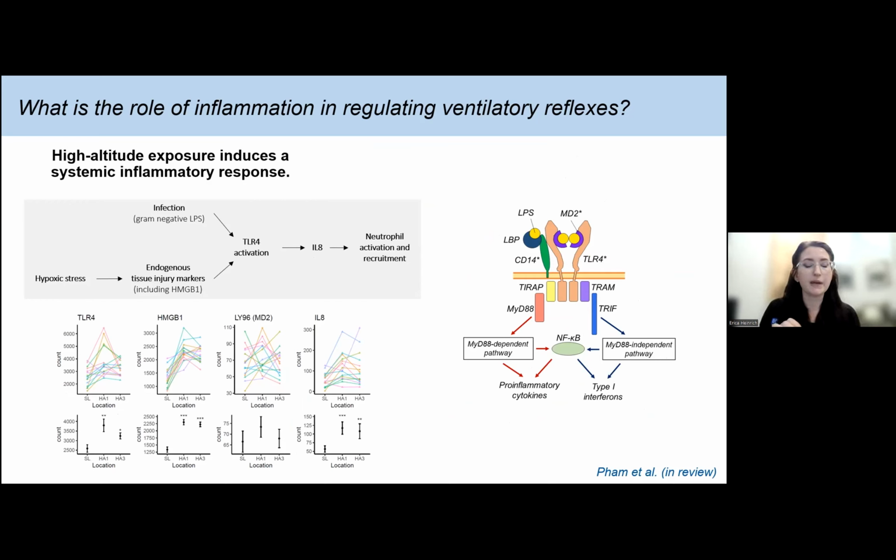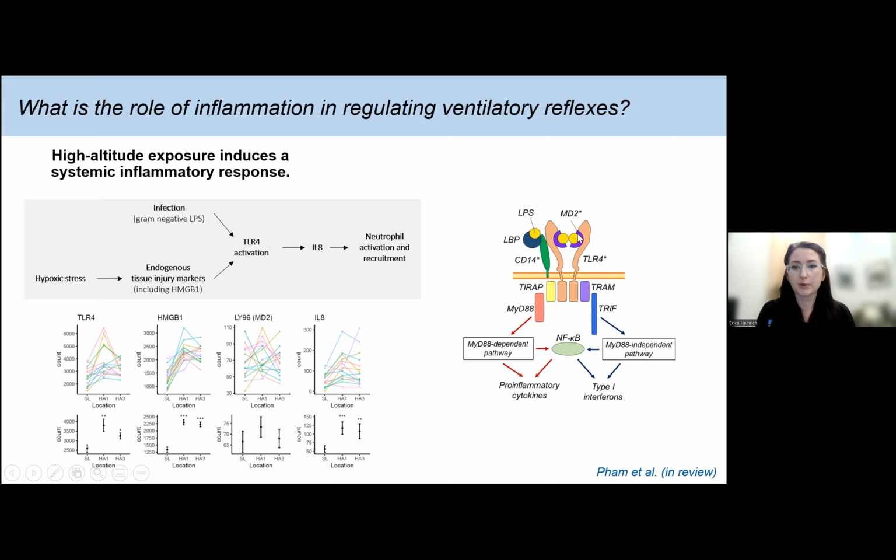So we saw that many factors involved in TLR4, or toll-like receptor 4, signaling, a pathway that helps you respond to a bacterial infection, were also upregulated at high altitude. Again, despite having no secondary infection in any of these people. The TLR4 receptor itself was upregulated.